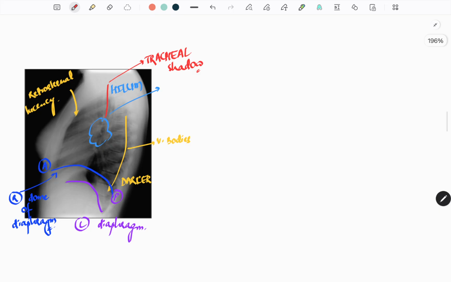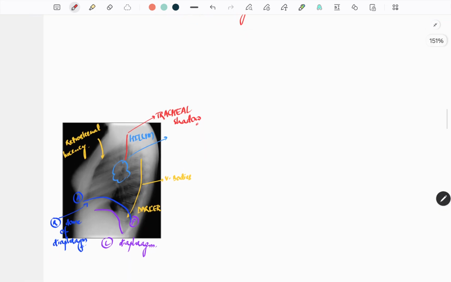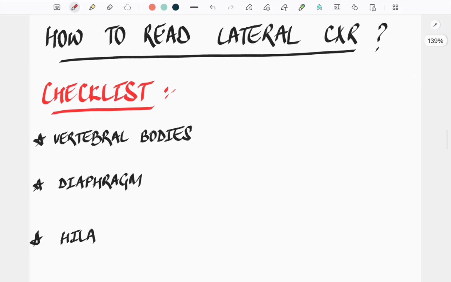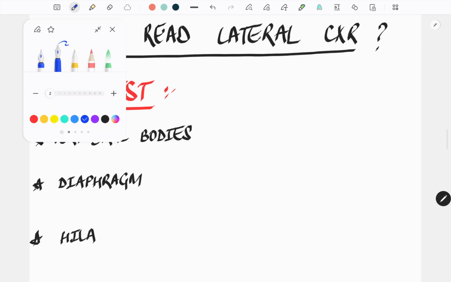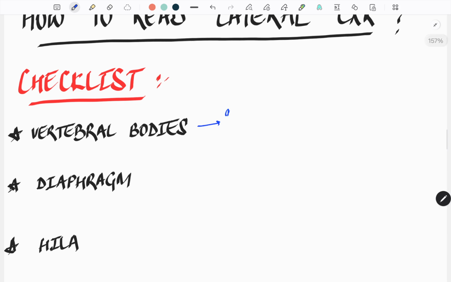Now we'll see the points one by one. What is the checklist, how to read a lateral chest X-ray? Vertebral bodies, as I have pointed out, as we move downwards, should become darker. This is the normal scenario. What is abnormal here?